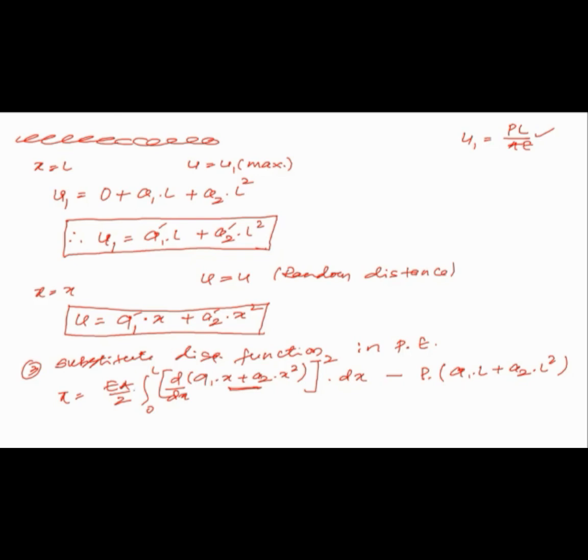Now first I will differentiate this with respect to x, then whatever value I get, I will square it. So in the next step, it is d by dx of a1 into x plus a2 into x square. If I differentiate, a1 is constant, the differentiation of x is 1, plus a2 as it is, the differentiation of x square is 2a2x.